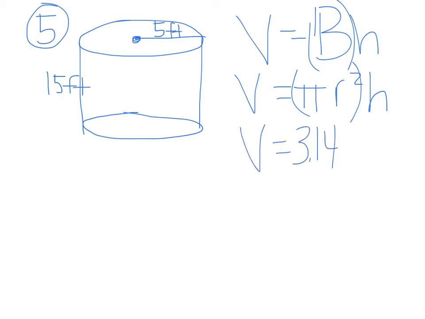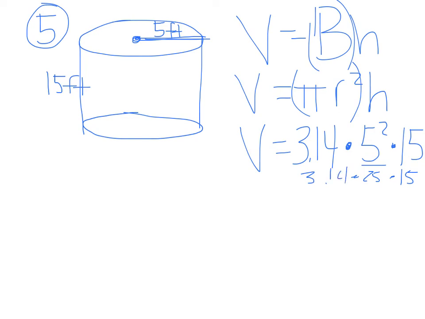We've got 3.14, which is pi, times r squared. R is 5. 5 squared times the height, which is 15. And 5 squared is 25. So now we have 3.14 times 25 times 15.